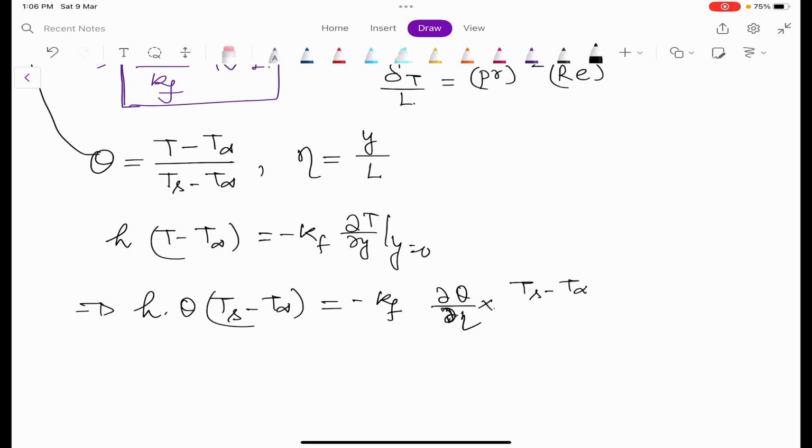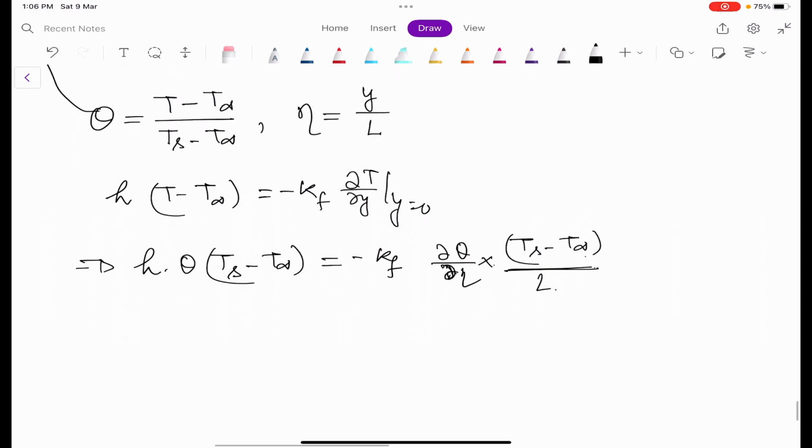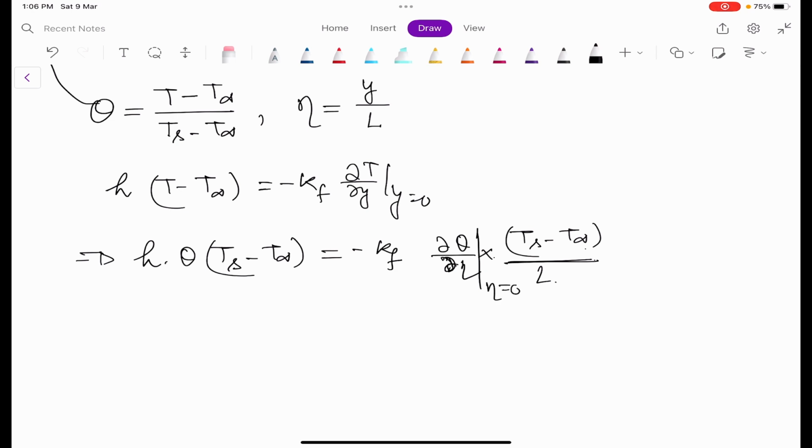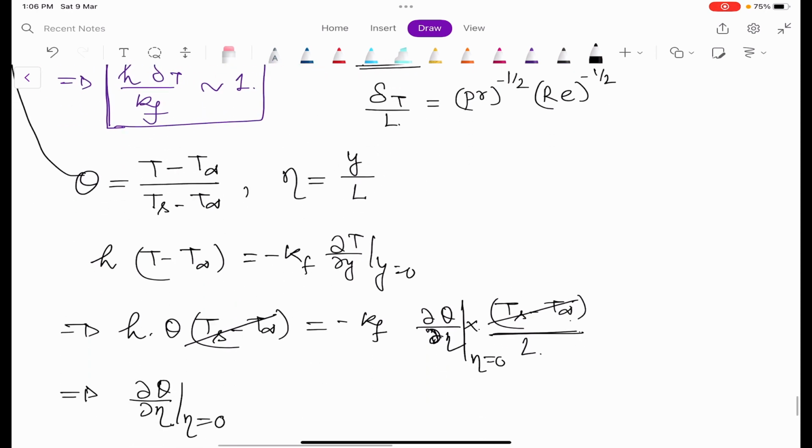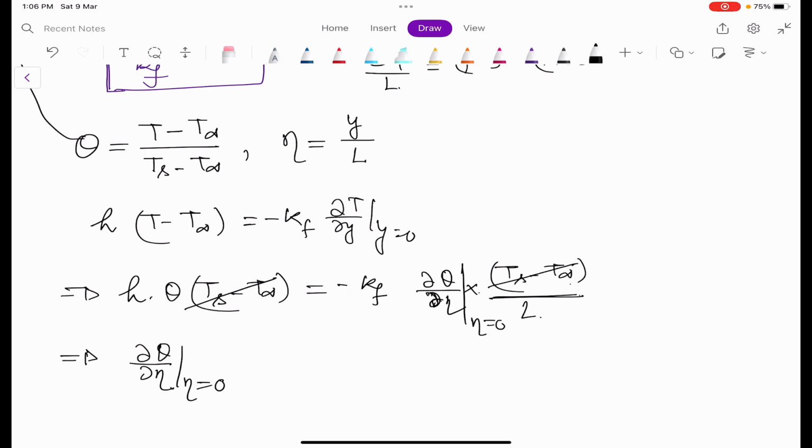This will be Ts minus T infinity, and this will be L, at eta equal to 0. So this will be cancelled out, and then del theta by del eta at eta equal to 0. So this is a measure of a non-dimensional number hL by kf, and here another factor is coming as theta. That is because I haven't non-dimensionalized it in a correct way.